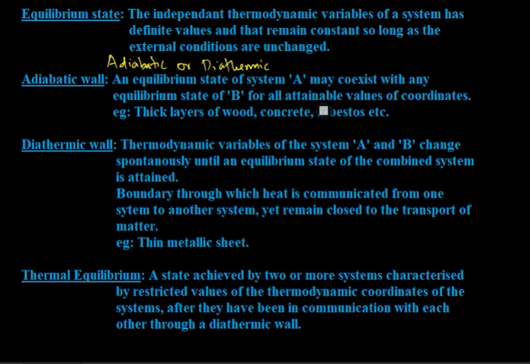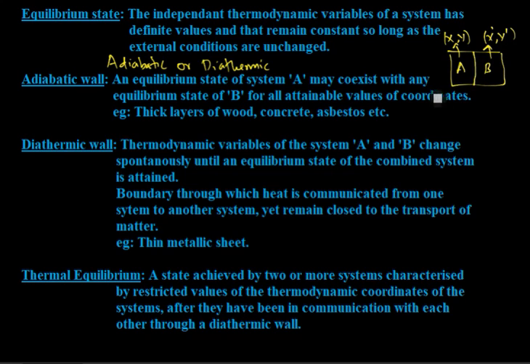If you consider a system A, and another system B. The system A has coordinates or thermodynamic variables x and y, and the system B has thermodynamic variables x prime and y prime.